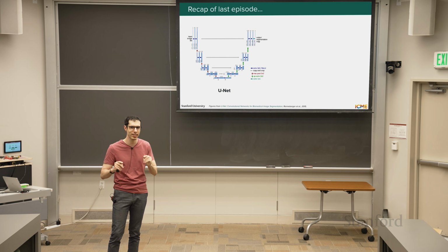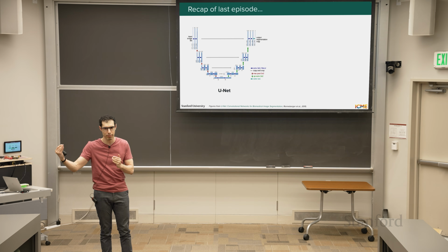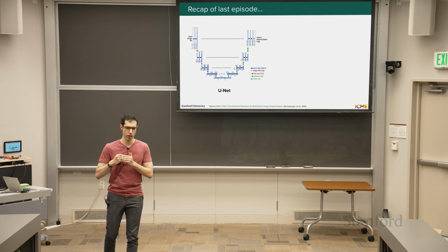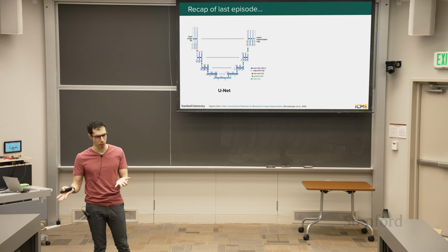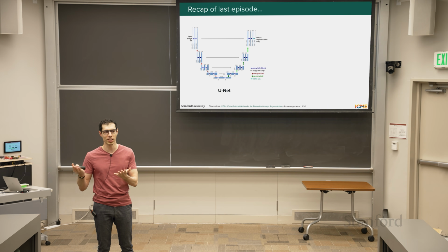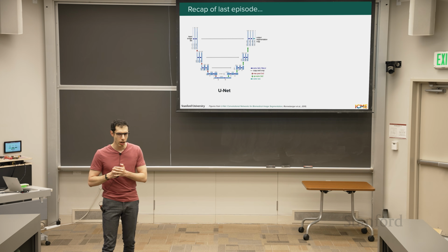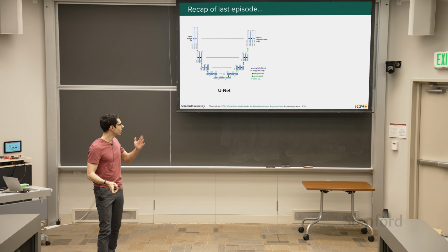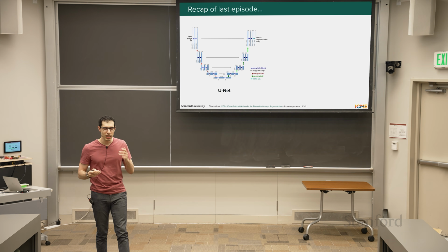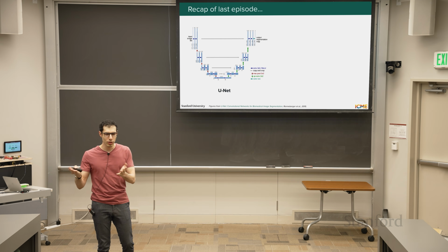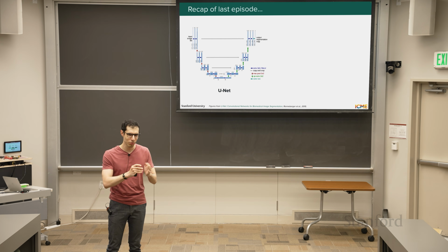So that was the first phase, and then the second phase was the upsampling phase, which was composed of upsampling operations, for instance, the transpose convolution, where we were able to get back to the dimension of interest, which is the same dimension as the input.